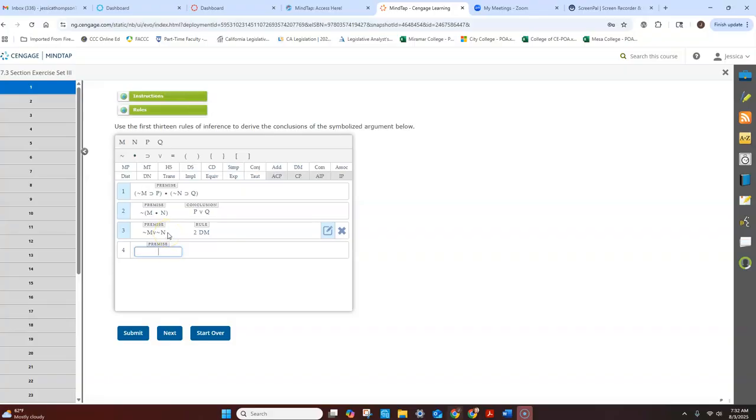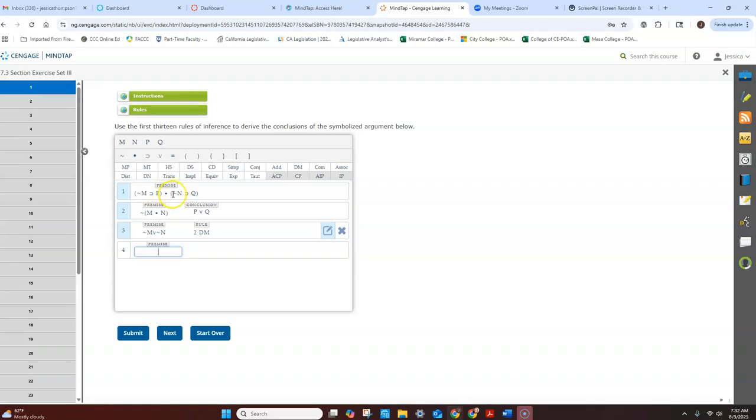Well, I'm seeing right here that we've got a not M or not N here. Okay. And we've got a not M and a not N here joined by this and, right? These two claims here. I see that that lends itself to the constructive dilemma rule, right? So I'll talk this through.